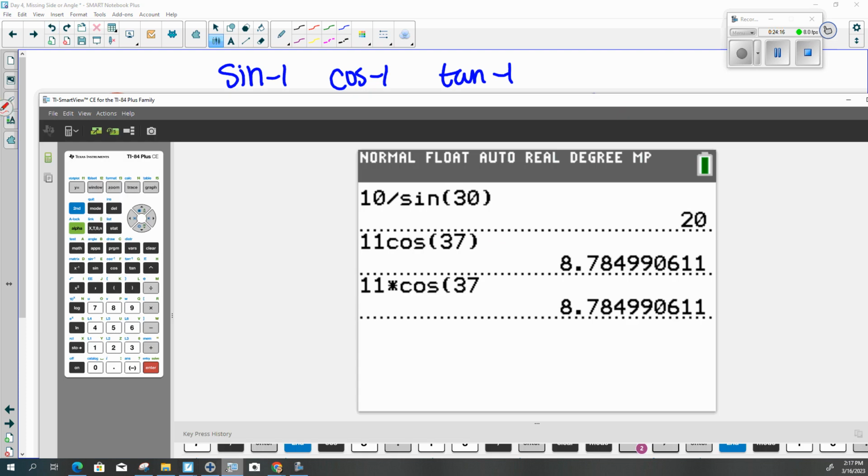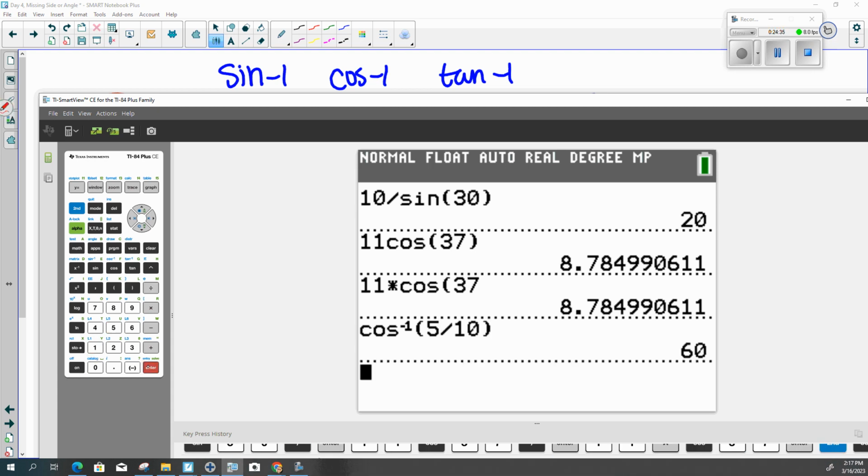So I think I usually do the cosine first. So push the blue second button, and then cosine. You can see that that inverse pops up. And then 5/10. Ooh, it's a 30, 60, 90 triangle.